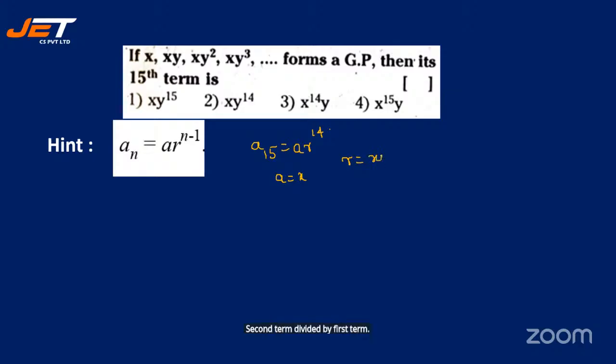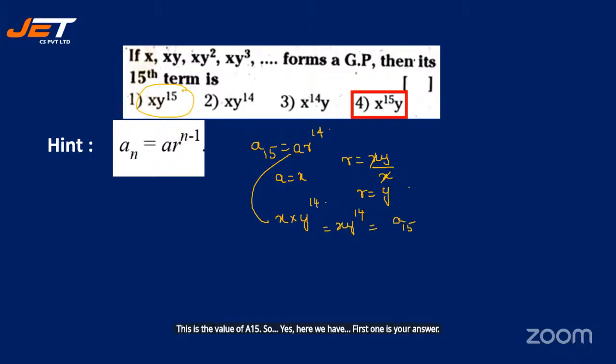So xy by x. So R is equal to y. So now just substitute here. A is x, R is y to the power 14. So this is x y to the power 14. This is the value of A15.